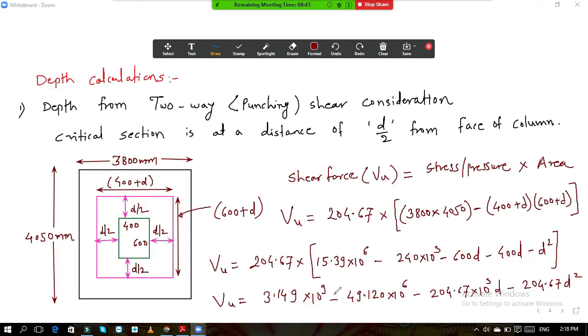Simplifying, Vu is equal to 3.09 into 10 raised to 9, these two terms as they are, minus 204.67 into 10 raised to 3 d minus 204.67 d square.